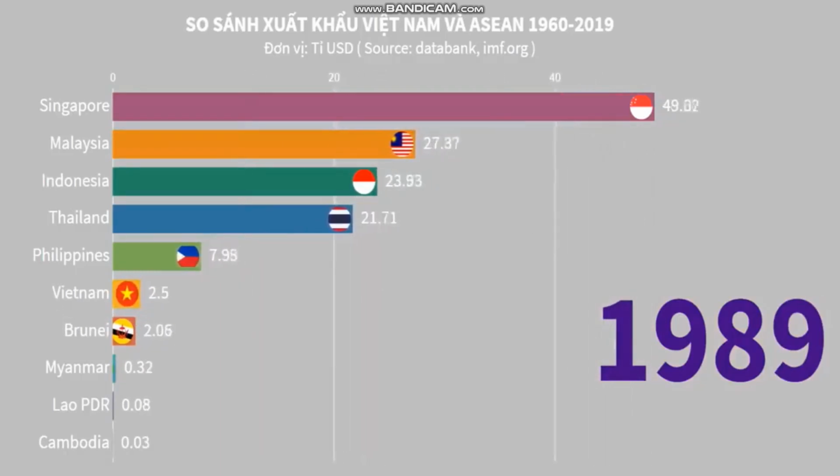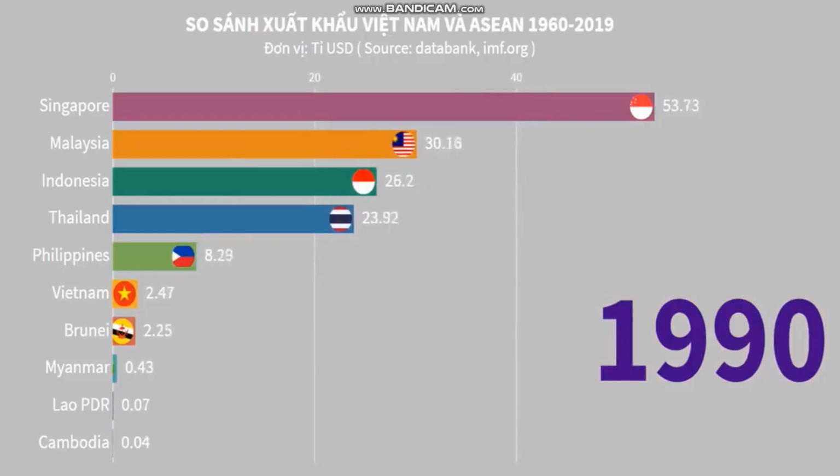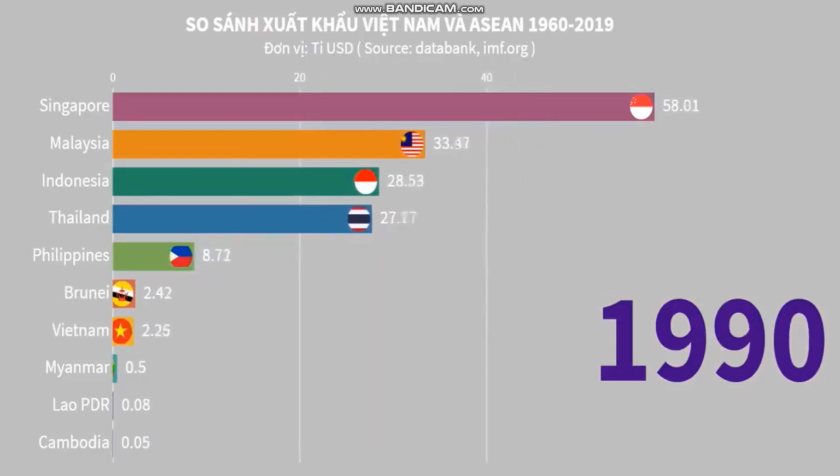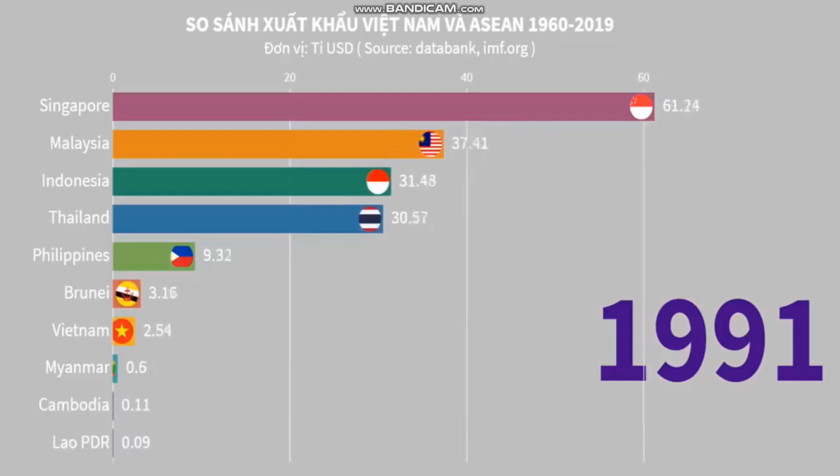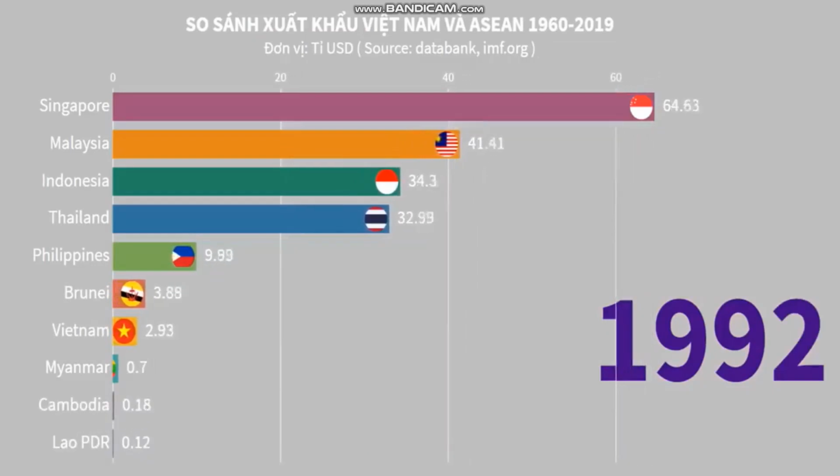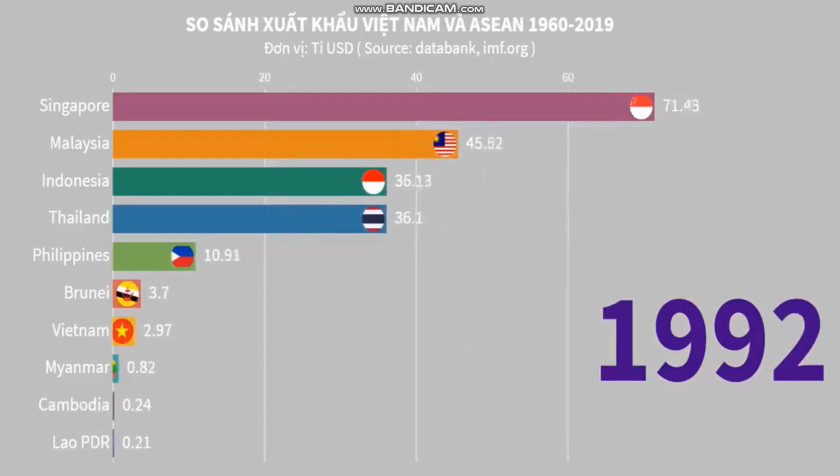So in the late 1990s, Vietnam became the seventh place in exporting.